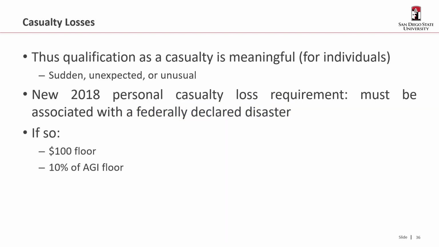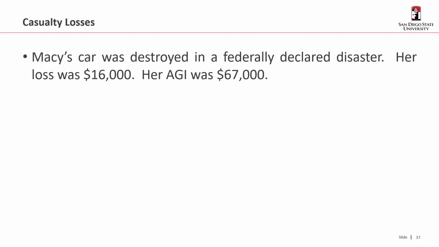If you have a loss associated with a federally declared disaster, first you have to apply a $100 floor, and then you apply a 10% of AGI floor. So you can imagine the $100 floor gets rid of really small, nuisance losses. And the 10% of AGI is another way to make sure it has an ability-to-pay element to it, right? If the loss is fairly small, then taxpayers should simply be able to absorb it. So what we're after are more catastrophic type losses.